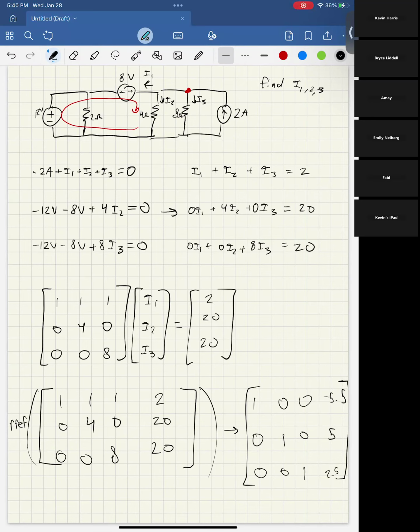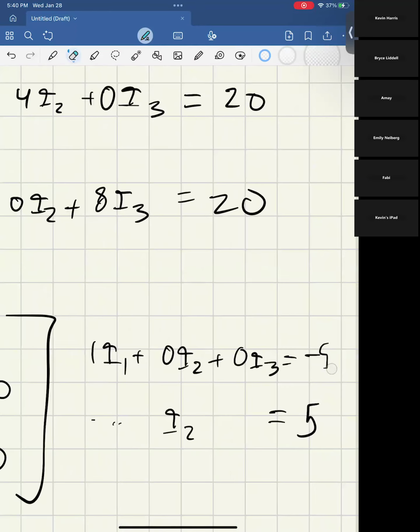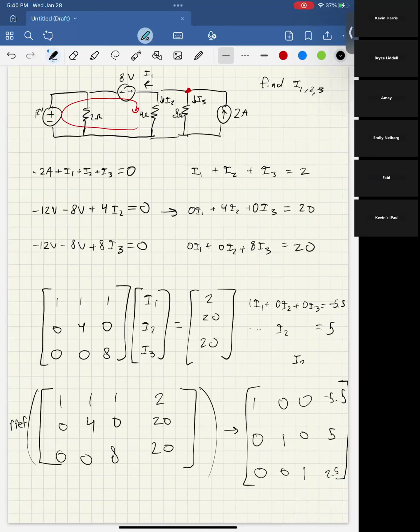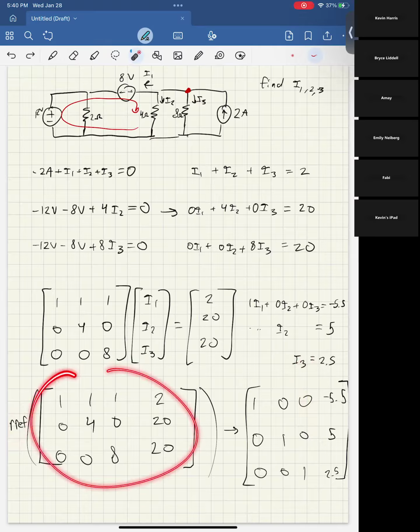So you can think of this as saying, okay, 1 I1 plus 0 I2 plus 0 I3 equals negative 5.5. Same thing with I2 equals 5, and I3 equals 2.5, right? That's what this matrix is saying. This is just like a function that you call on this matrix and then it does that for you. And that's kind of the easiest way to do it.